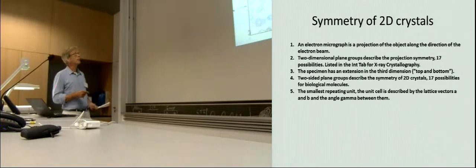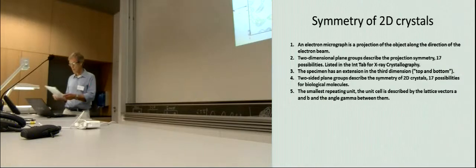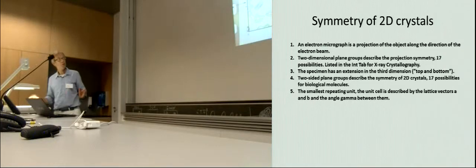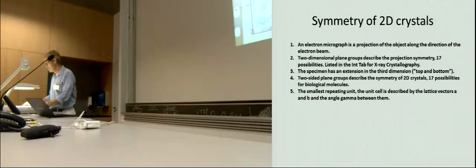We can also suspect that, for instance, this unit here is related to this protein unit here by a glide line or a screw axis in this direction. And this is evident also when we take this one, turn it upside down, and translate it half a unit cell in this direction and get excellent correspondence. And in this case, of course, the correspondence is 100% because I've already imposed the symmetry on the projection.